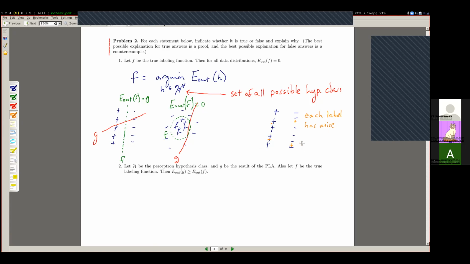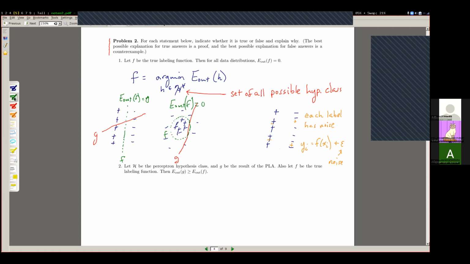And so y sub i was defined to be f of x sub i, the y sub i being the plus or the minus, how we decided to label the data point, the x sub i being the location in the coordinate plane where the data point is located. But then there's this random probability distribution, that epsilon right here, that's the noise.